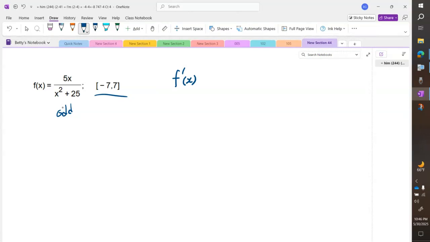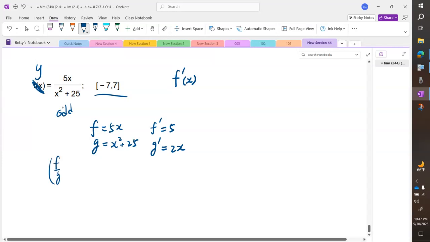Take the derivative. I'm going to change this to y, and f as the numerator, g as the denominator. I'm going to use the quotient rule to take the derivative, okay? f is 5x, g is x squared plus 25. f prime is 5, g prime is 2x plus 0.